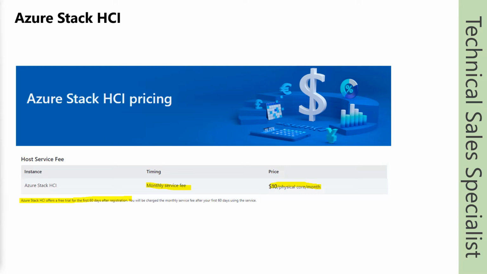If I disable 4 physical cores on each server socket, I have 16 cores active in the socket, 32 cores active in the server, 64 cores active in the cluster, and now I have 18 cores saved, so I have a reduction of the price, a decrease of the price each month by $180. I think this is an interesting and important opportunity to know that you can disable cores from the hardware side.